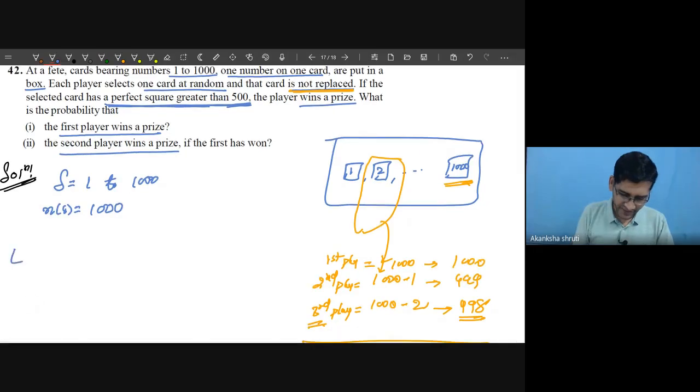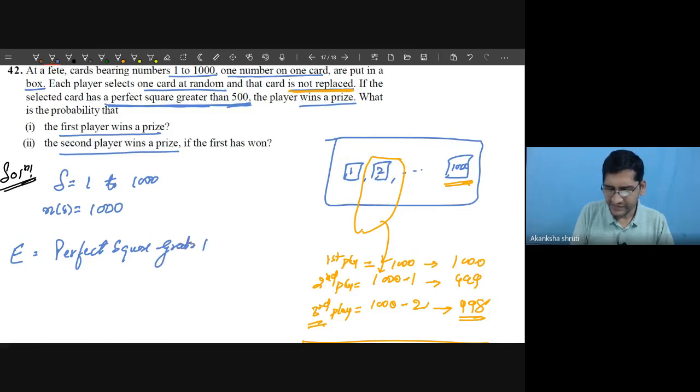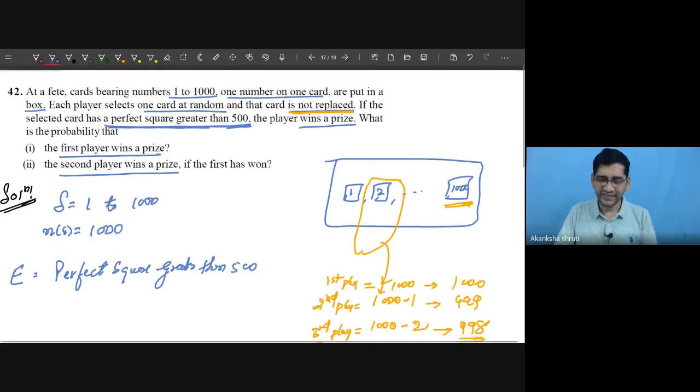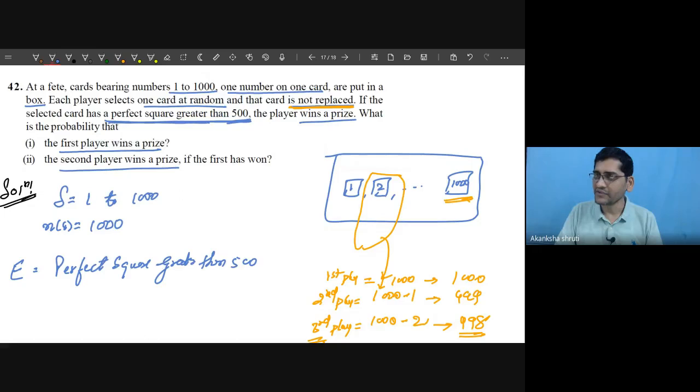So right, students, event is perfect square greater than 500. Any number greater than 500 can be taken, like 10,000 can be taken. No, it is given as 1000 only. So up to 1000 we shall search.